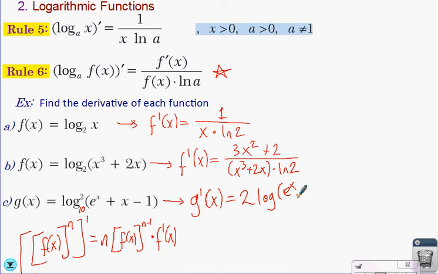the logarithm of e to the power of x plus x minus 1. Then times the derivative of the given function, which is log base 10 of e to the power of x plus x minus 1. Now we will write the derivative of it as a rational expression like in this rule.